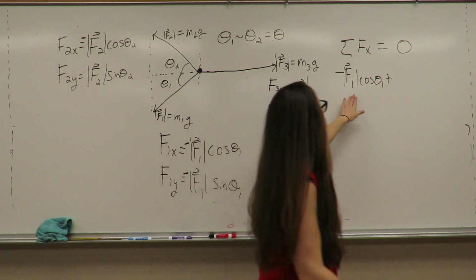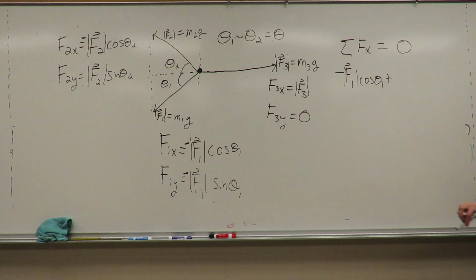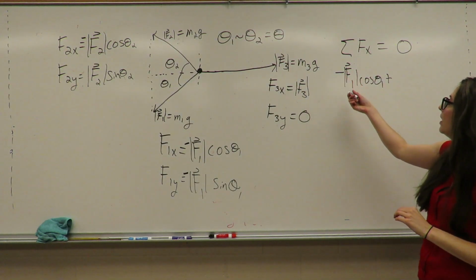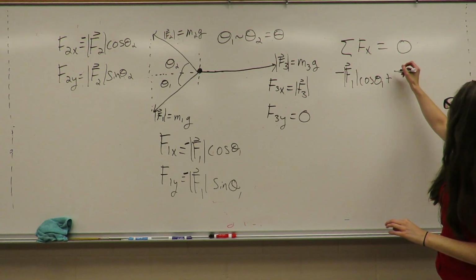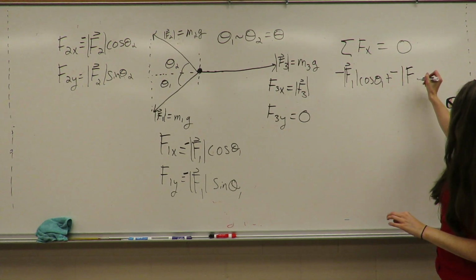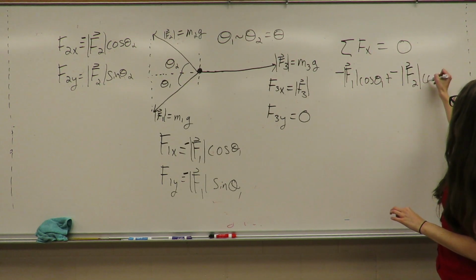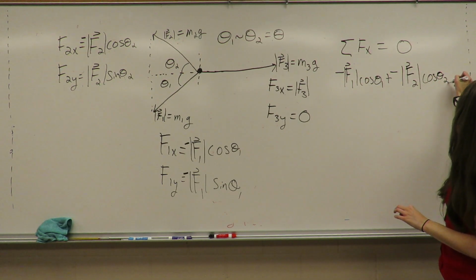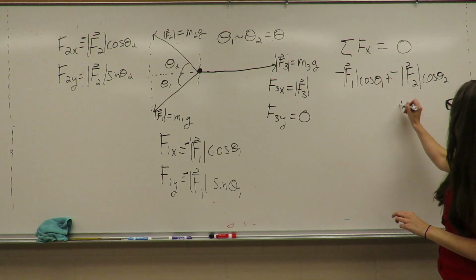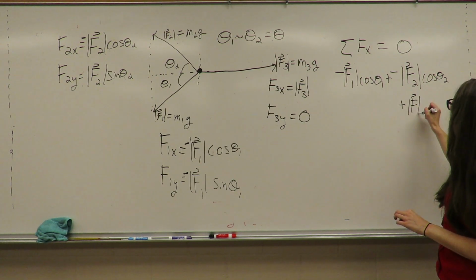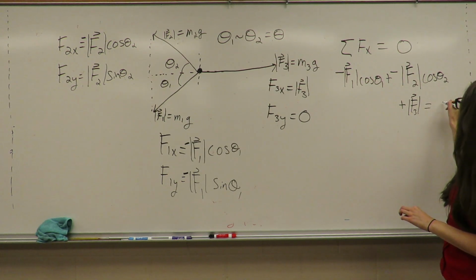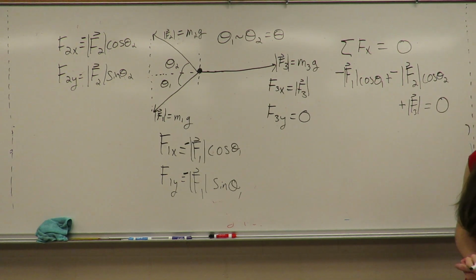Okay, so I come back over here to my sum of the forces in the x direction. I have the negative magnitude of F1 cosine theta 1 plus negative magnitude of F2 cosine theta 2 plus, sorry, running out of room, plus the full vector magnitude F3 equals 0.